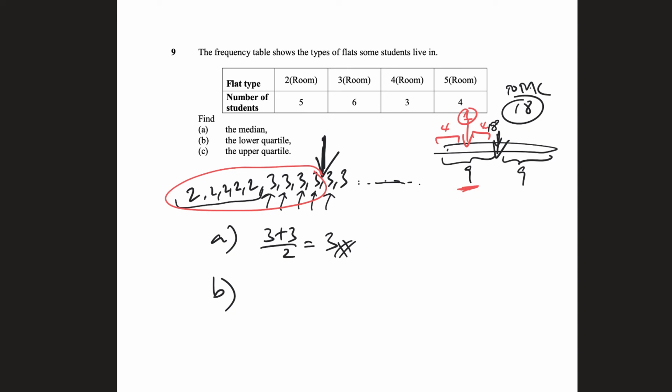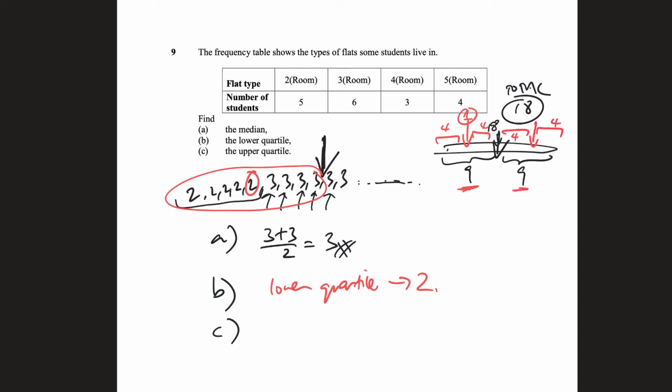So I just find the 5th term. 4, and then the 5th one is my median. And so 1, 2, 3, 4, and the 5th one. This is my median, which is simply 2. So my lower quartile is 2.